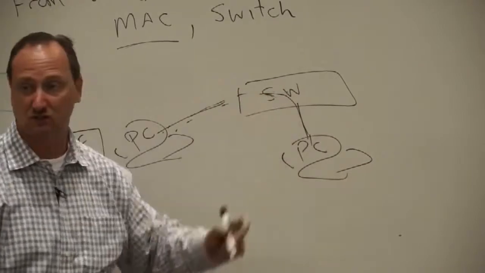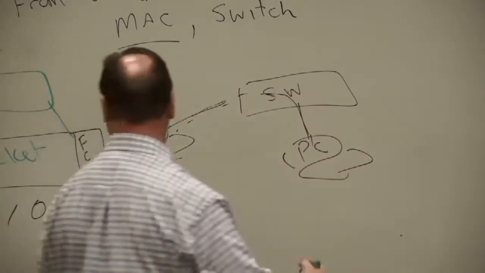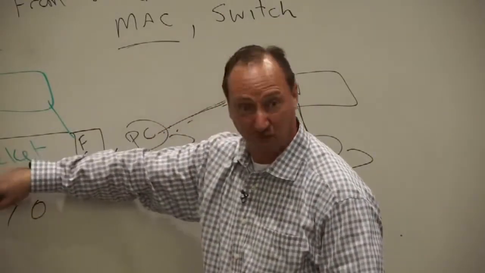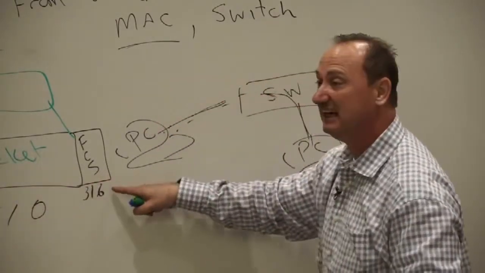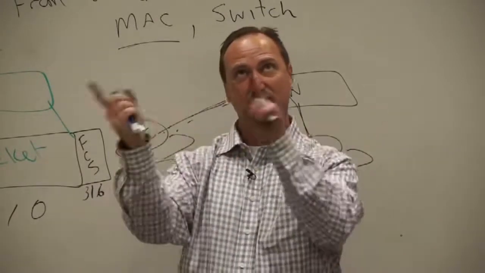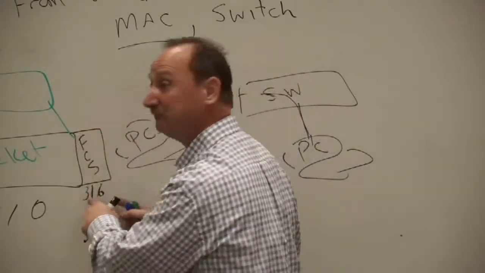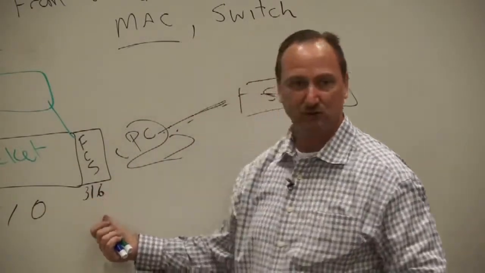The next device is a switch. It operates at layer 2. When it comes into that switch, it rebuilds those ones and zeros into the same frame so he knows where to send it, so he can get the addresses. And then before he does that, he says, okay, ones and zeros for this, if I run it through that formula, I should see 316 at the end of it. Bang! It's good. I'll use it. What if he comes up with 326?